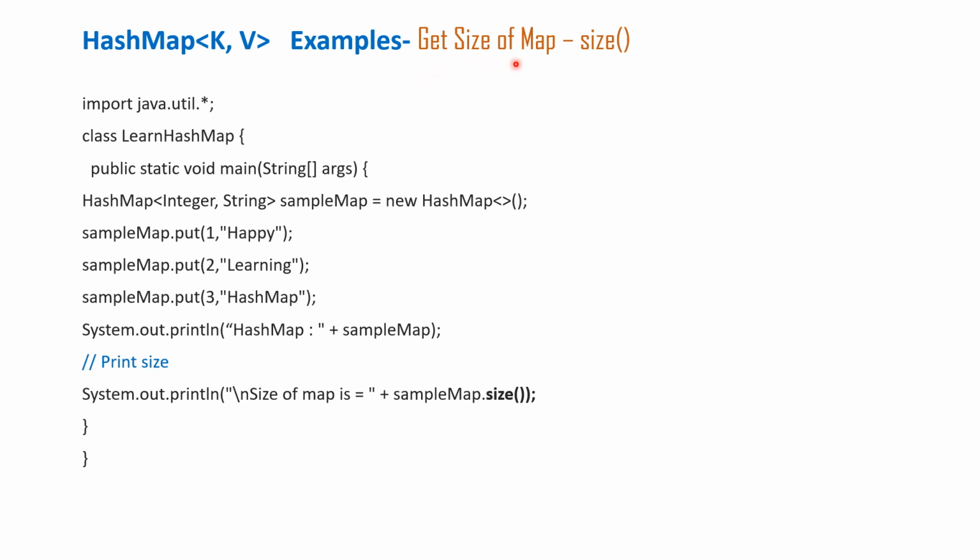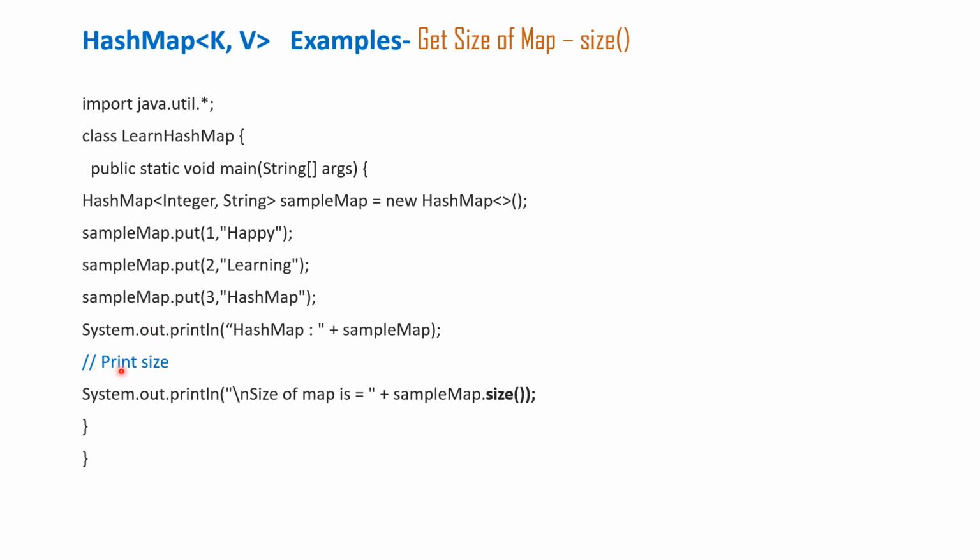Get size of map. So we are having many data entries in the map, right? So how can we get to know the size of the map? We have an inbuilt function, that is the size method in the HashMap. Using that we can easily get to know. So let's see in the code base. The same example, we are creating the HashMap, putting in the data as in the previous example, and printing it out.